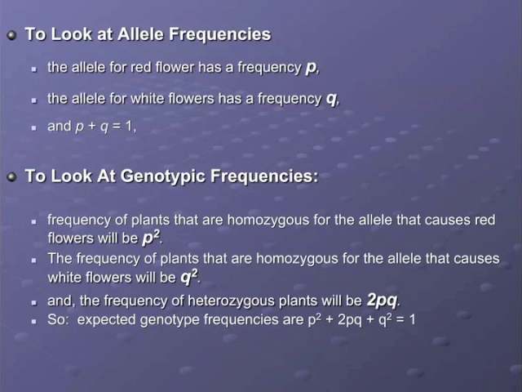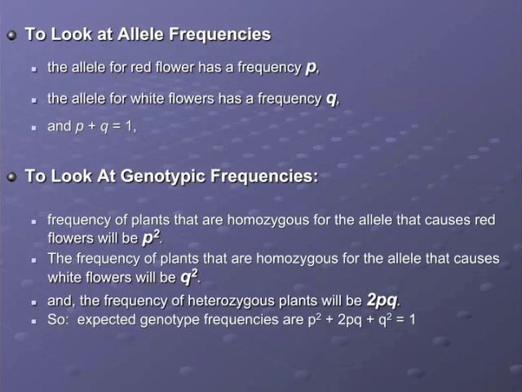So then when you look at the genotypic frequency, you take those, p and q. Remember, p is for red flowers, q is for white flowers. To figure out the frequency of plants that are homozygous for the allele that causes red flowers, it will have to be p squared, because you have two of them.